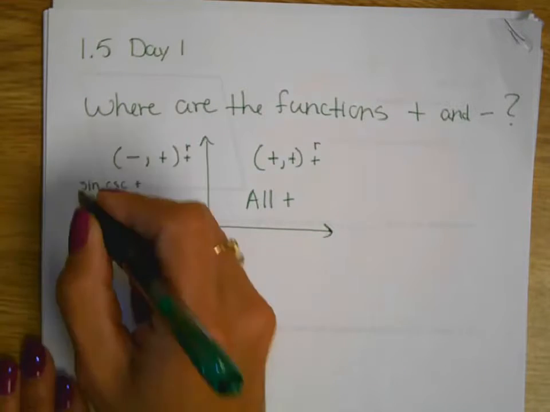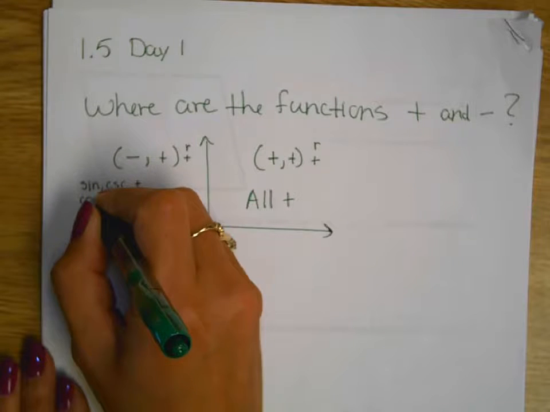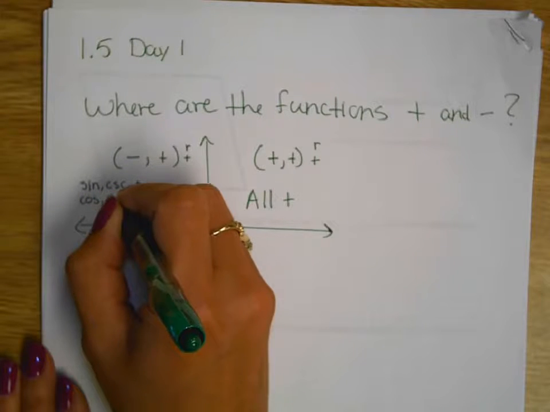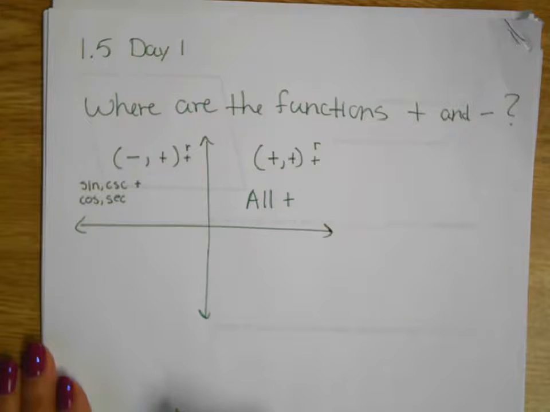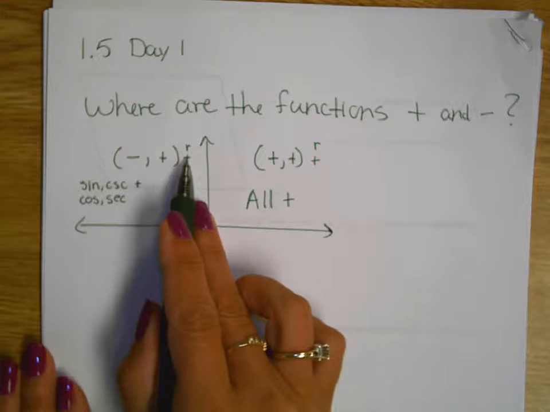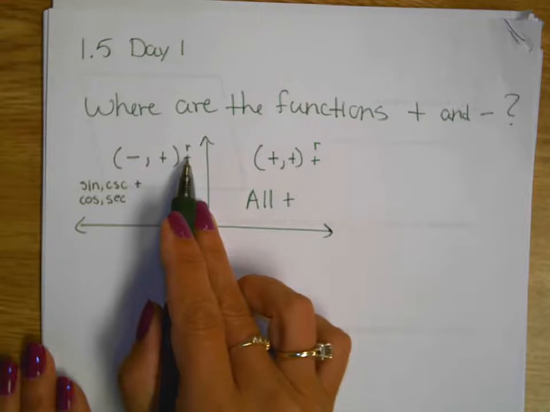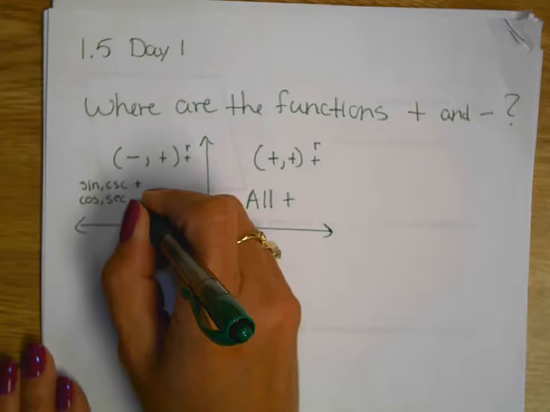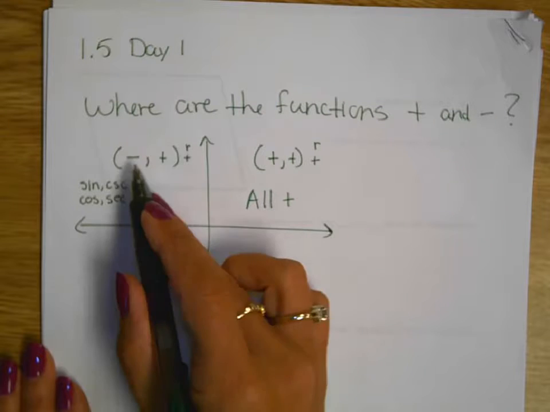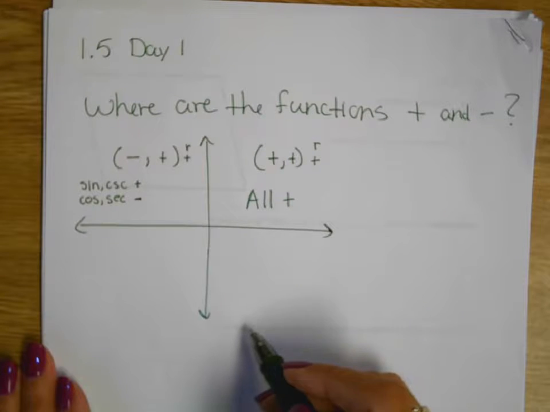Positive. Now let's go with cosine and its reciprocal secant. Cosine's attached to the x, so negative over positive. When you divide, what do you get? Negative. And when you flip it over, positive over negative, still negative.